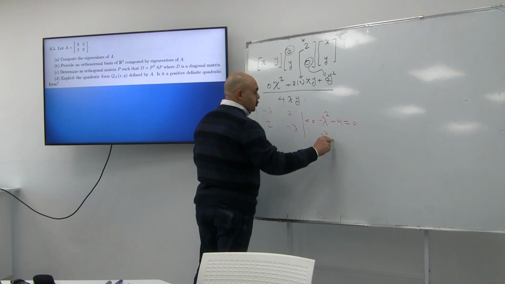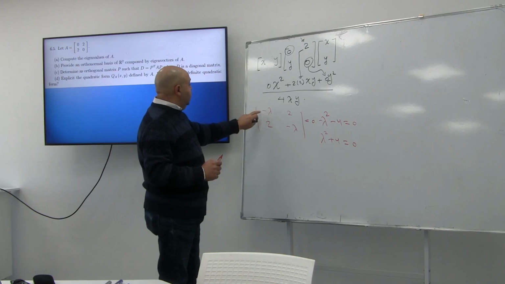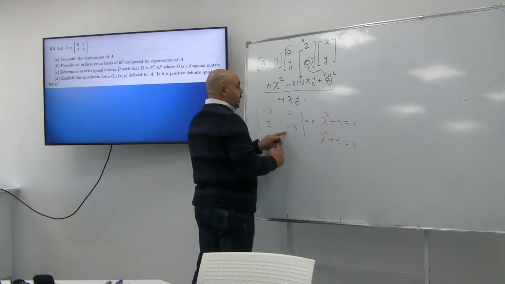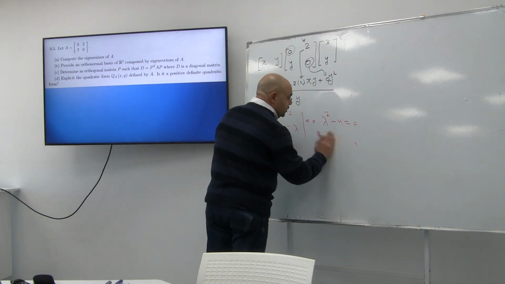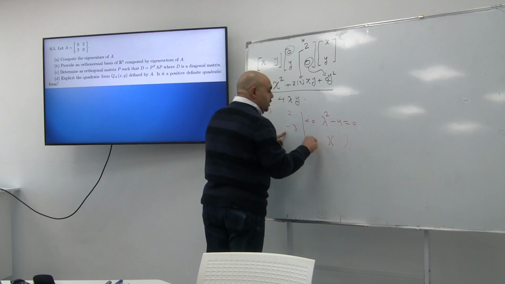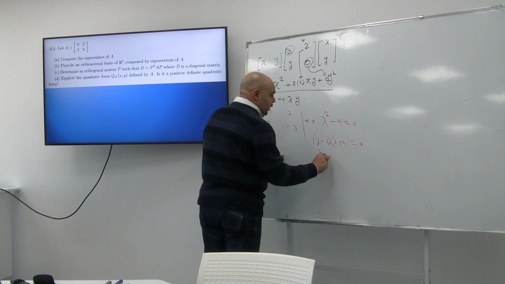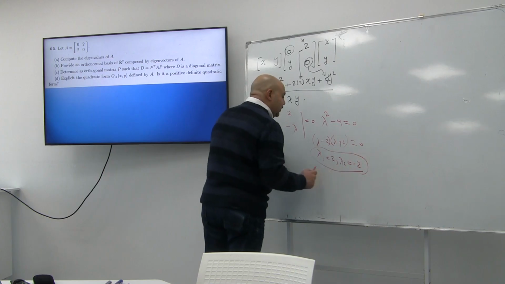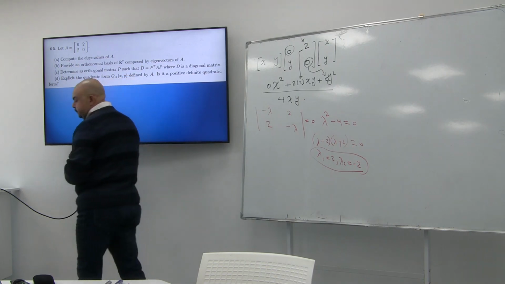Negative lambda times negative lambda is positive lambda squared, so you have lambda squared minus 4, which is the difference between two squares, so easily factorized to lambda minus 2 and lambda plus 2 equal to 0. One of them will equal 2 and the other will equal negative 2, so it is indefinite, so definitely this statement is not correct.